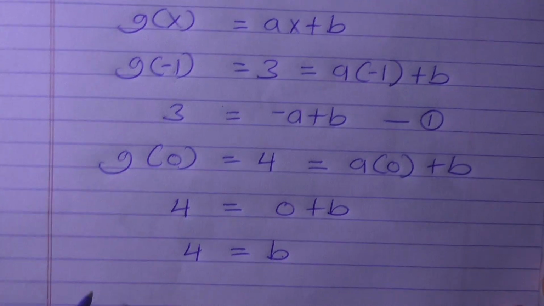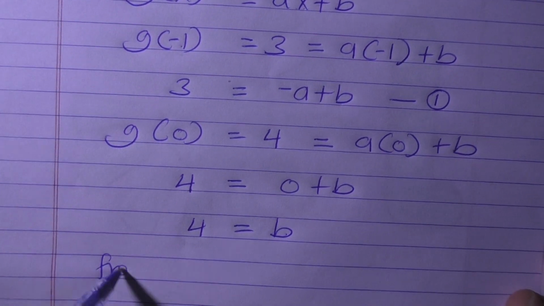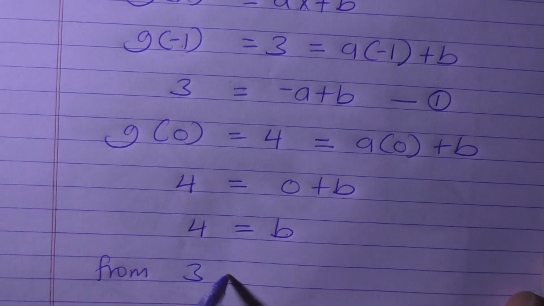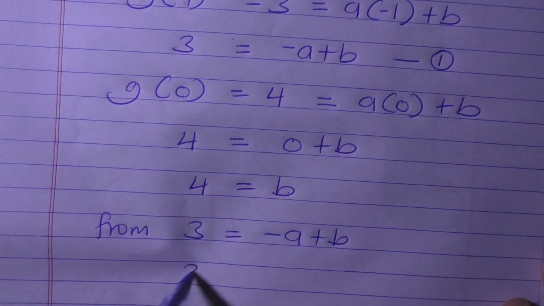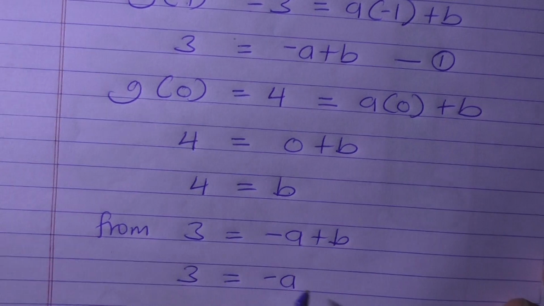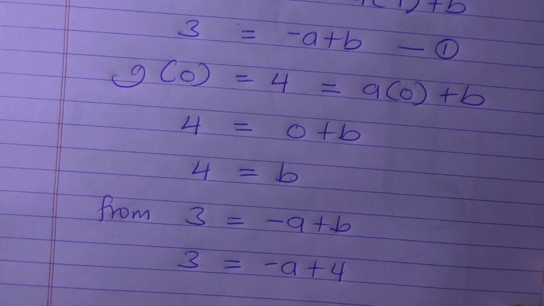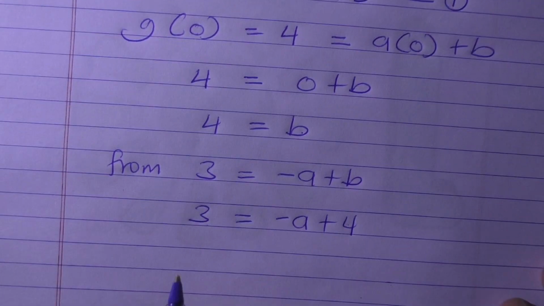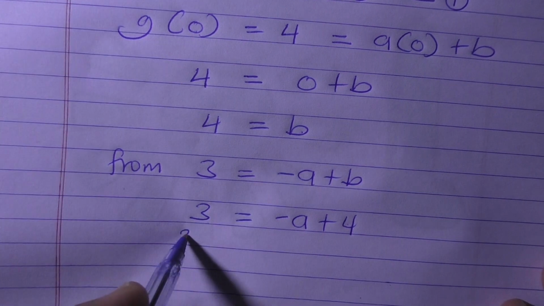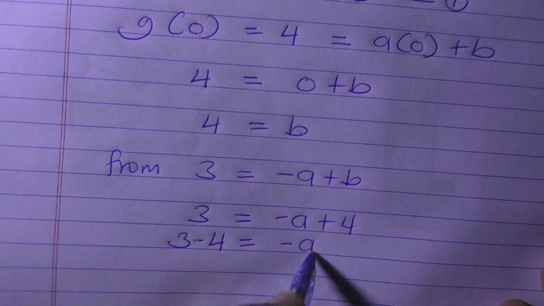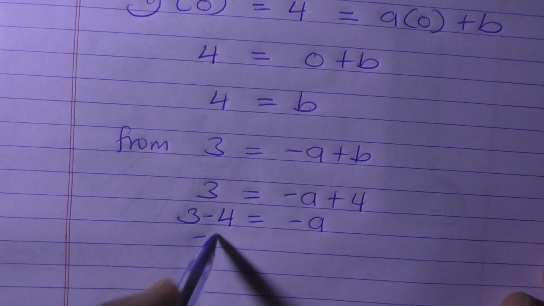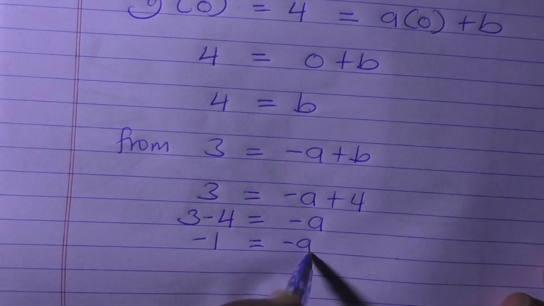So we shall say that from 3 equaling -a plus b, then we get 3 equals -a plus 4. So the 4 crosses the equal sign to become a minus, hence giving us 3 minus 4 equaling -a, which is -1 equaling -a.